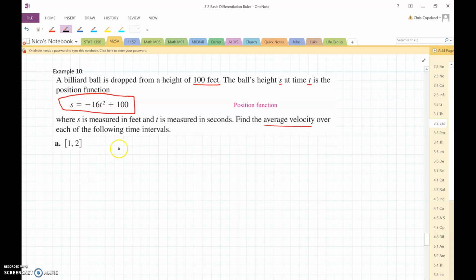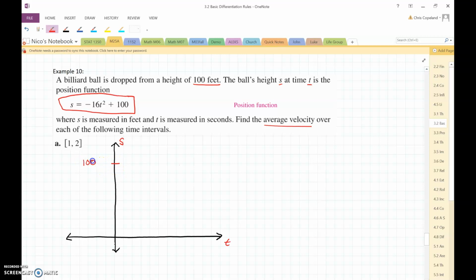So first of all, let's take a look at this function. This function, s, is the height, and t is time. So this function, negative 16t squared plus 100.